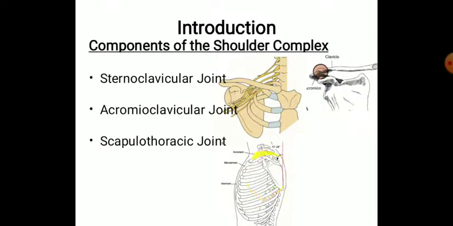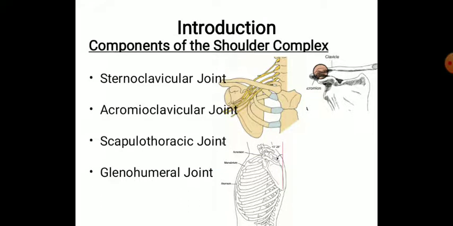You can divide the name scapulothoracic: it's a joint forming between our scapular bone and the thoracic region as a whole. You cannot find any exact features of a joint in the scapulothoracic joint, but in some form it acts as a joint in some situations, so it is called a functional joint.